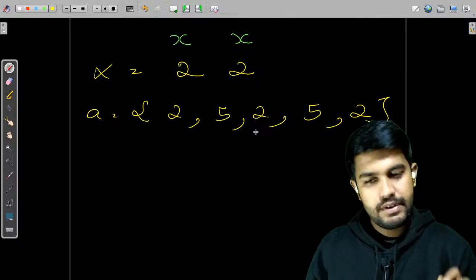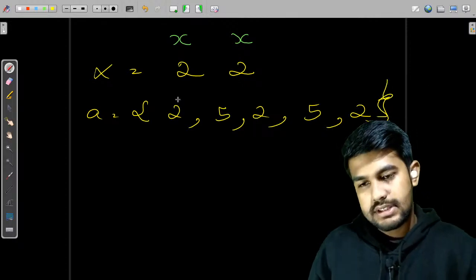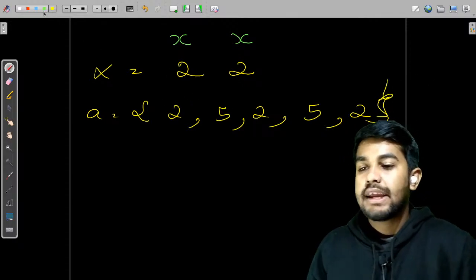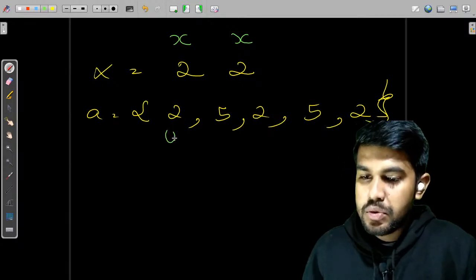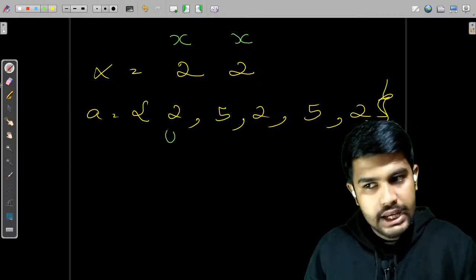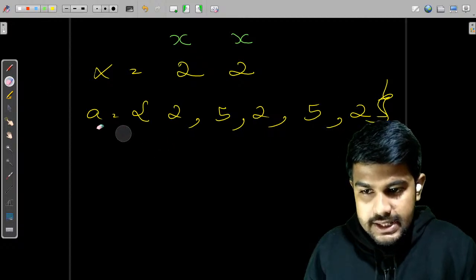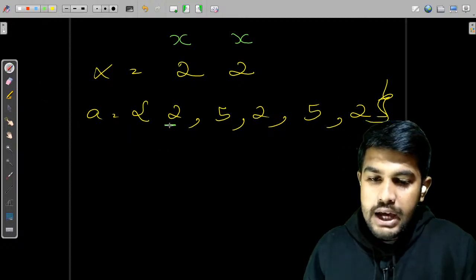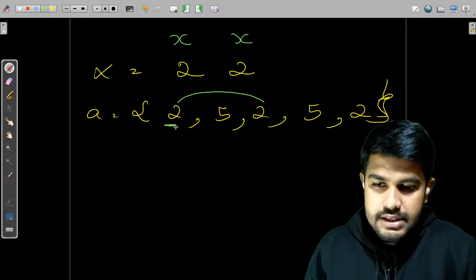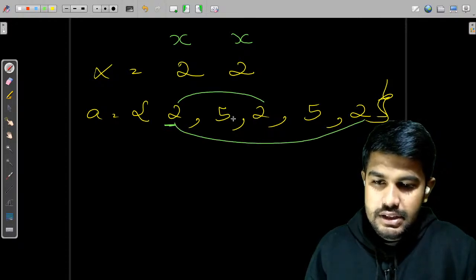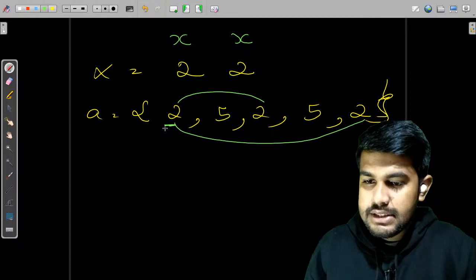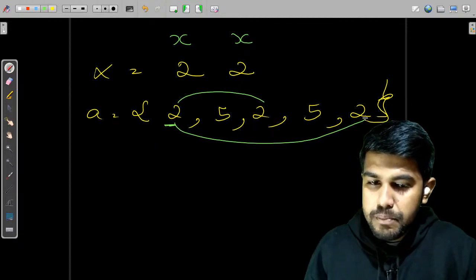Okay, fair enough. Let's check the first example itself. So can I make a pair? So i is not equal to j, so I can't do it like this. So this thing is not allowed. Okay, so I can make a pair with this. I can make a pair with this. The number of pairs I can make is this into this minus 1.